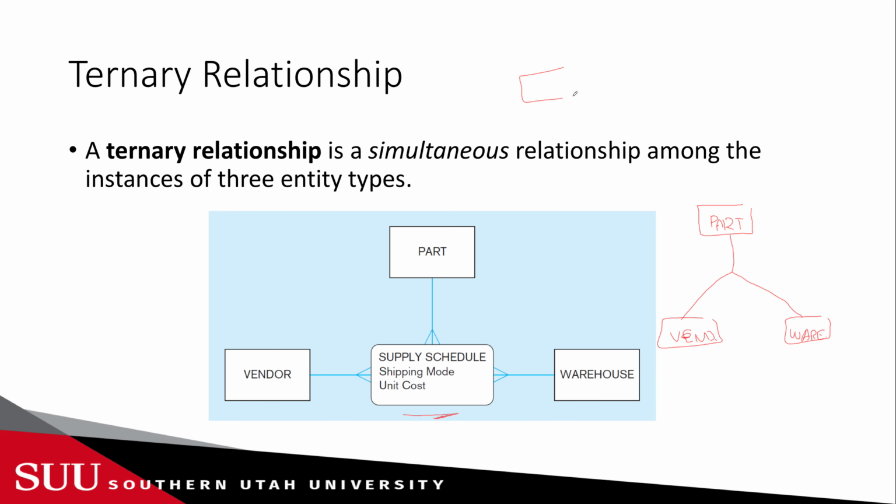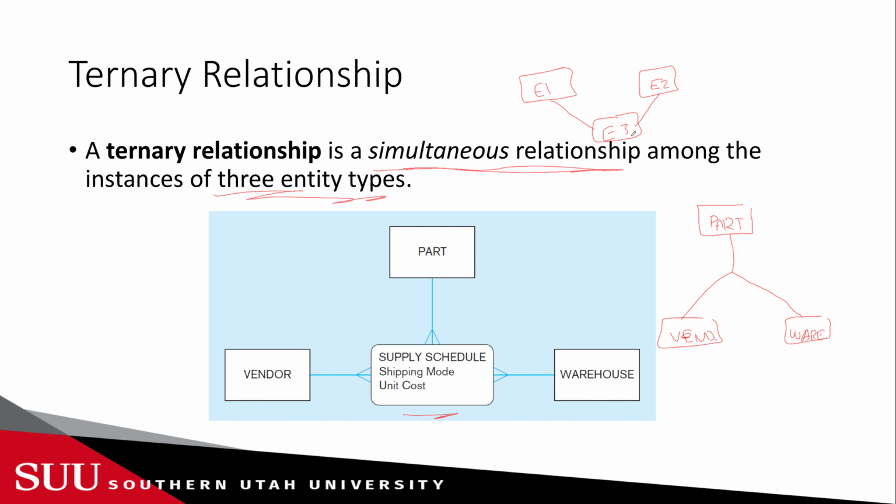Now, if I have something like this, let's say entity 1, and then I have entity 2, and somewhere here, let's say entity 3, and I have some relationship like this. Is this a ternary relationship? The answer is no, because we say it's a simultaneous relationship among the instances of the 3 entity types.